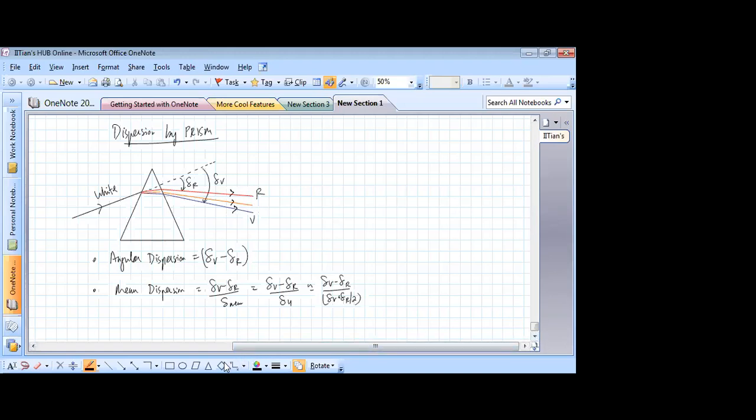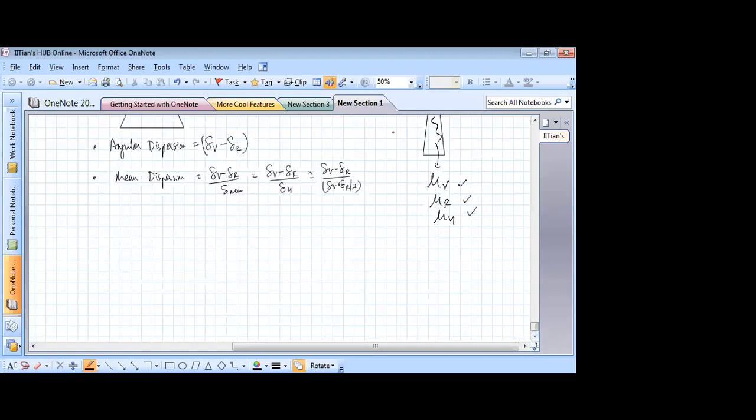Now the next thing is that for a thin prism, we have a thin prism which is having angle A, small angle, and is made of glass which has refractive index of violet, refractive index of red, and refractive index of yellow. All these three quantities are known.